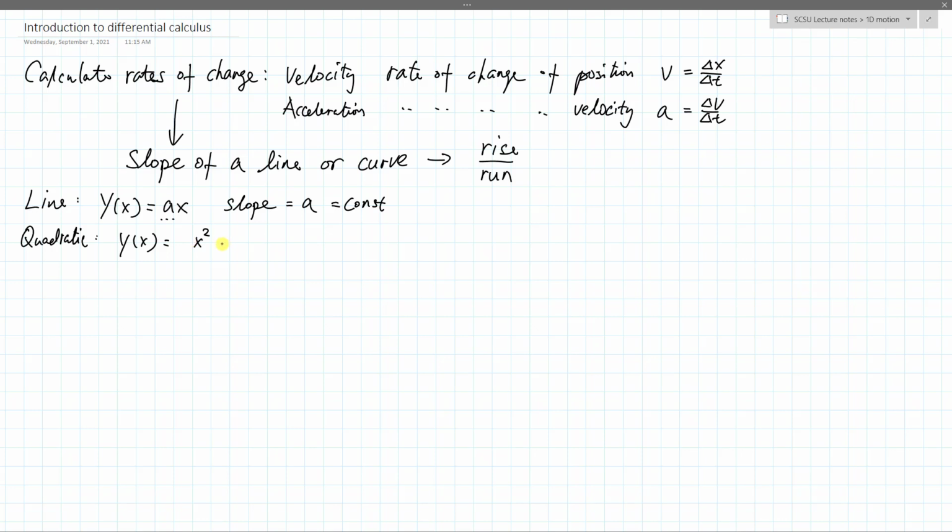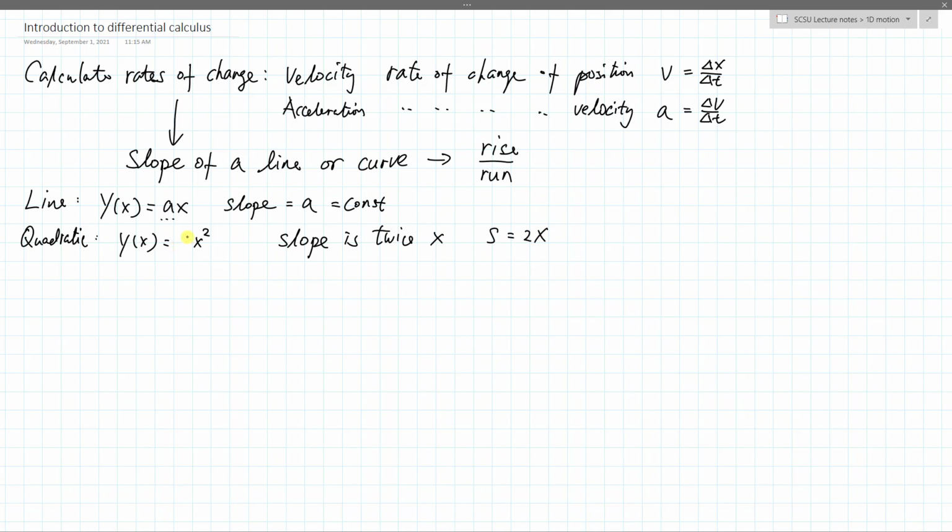And what we found out was the slope is twice of the x, right? When x is equal to 0, slope is 0, x equal to 1, slope is 2, right? So the rate of change, the slope, is twice x. So slope is equal to 2x.